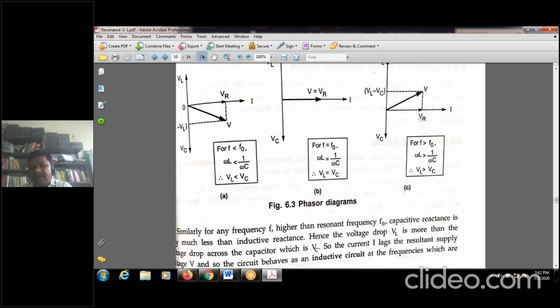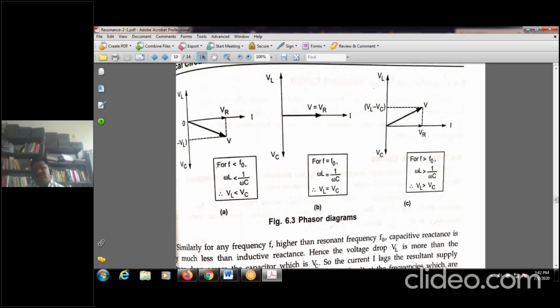So these are the three phasor diagrams, and the conclusion is that at the resonant frequency, both the resultant current and the applied voltage are in the same phase. Whereas at frequencies greater than and less than the resonant frequency F naught, voltage and current are not in the same phase.